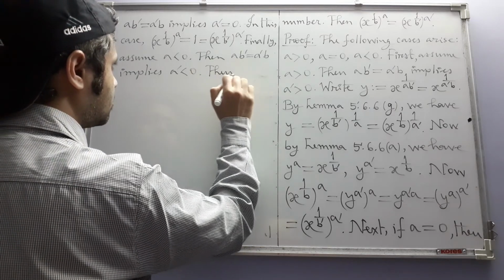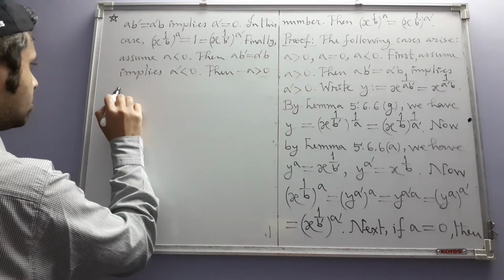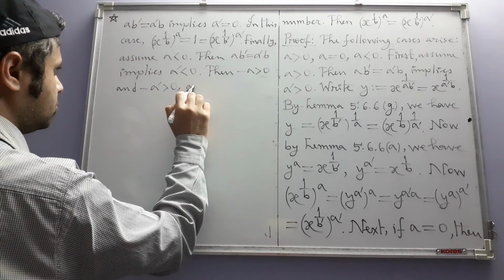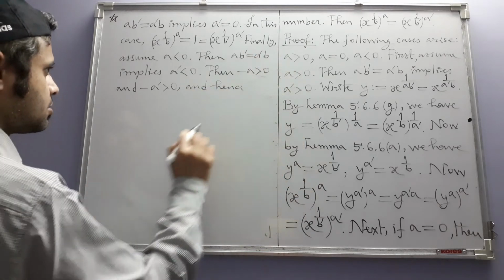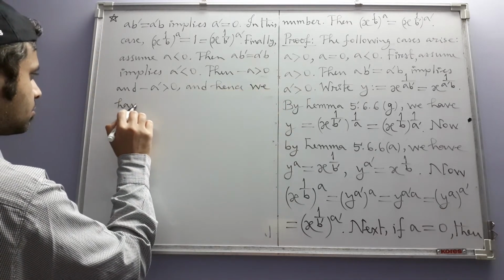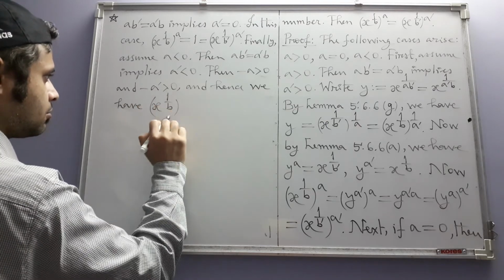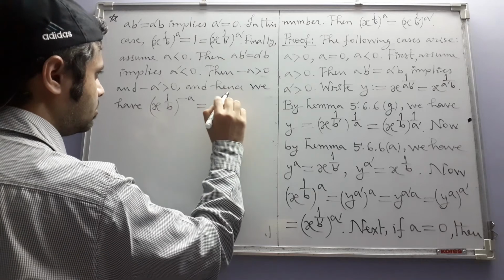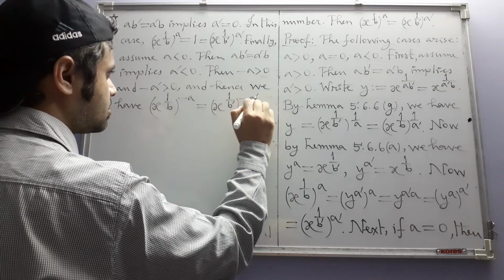Then minus a is positive and minus a prime is positive, and hence by the first case we have x to the power minus a is equal to x to the power minus a prime.